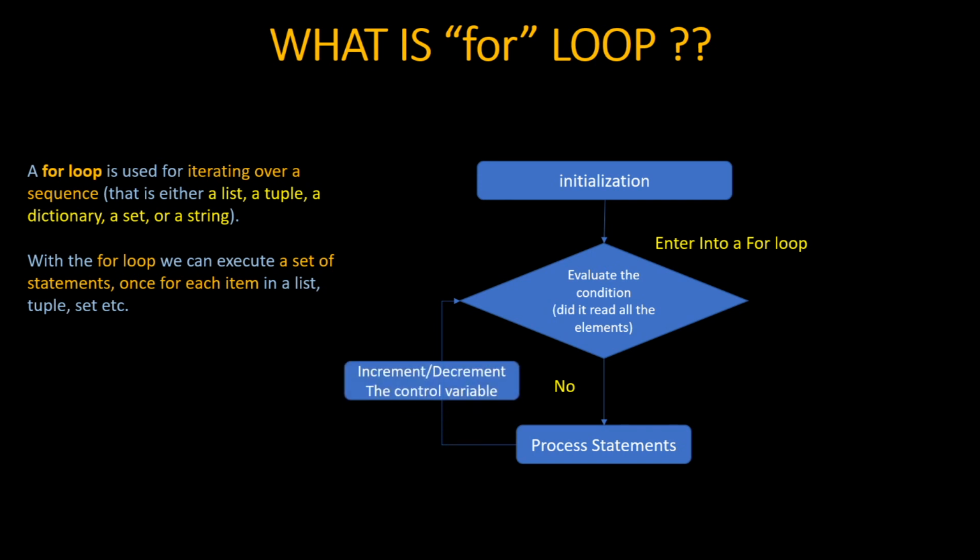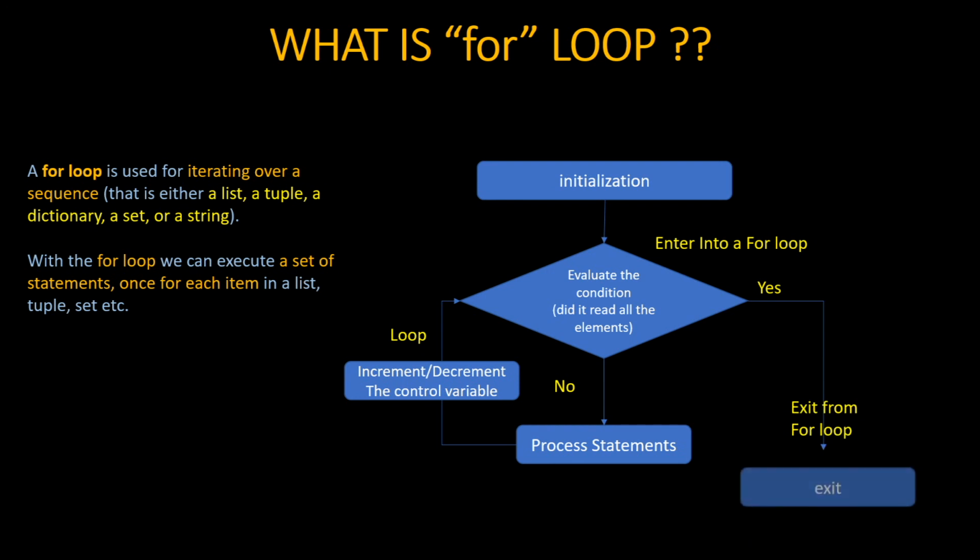If the answer is still no, it will execute this part of the statement. The moment the condition reads all the elements, it will take another path and exit from our for loop.